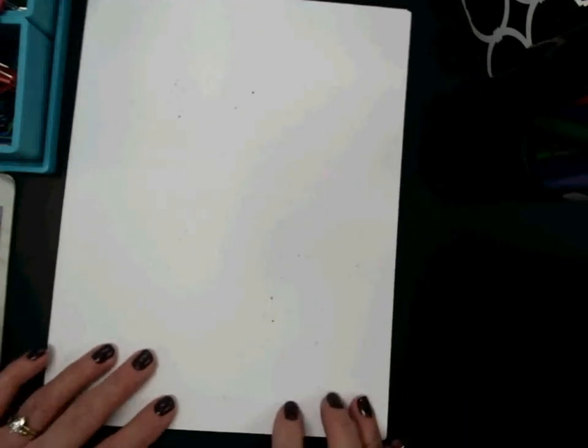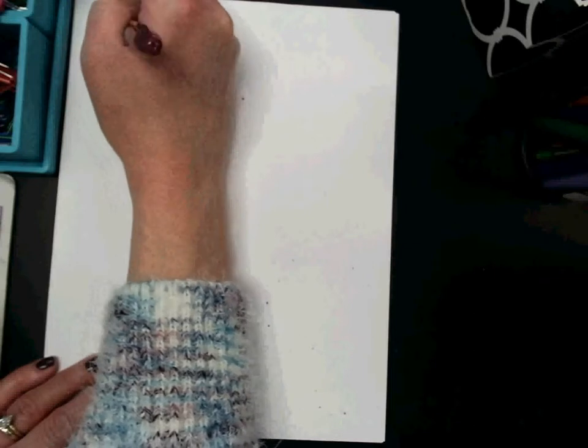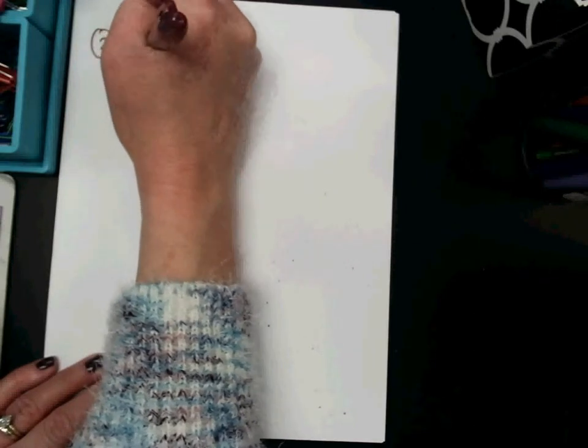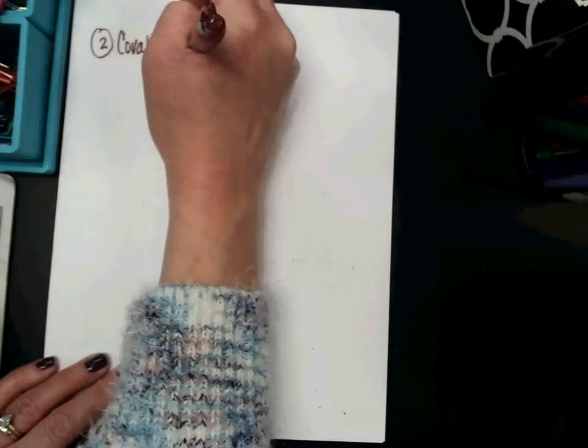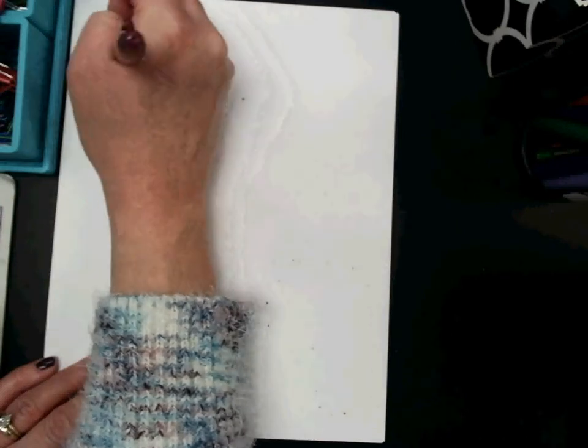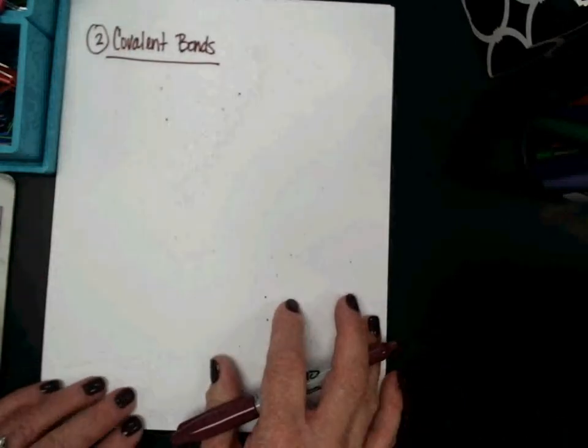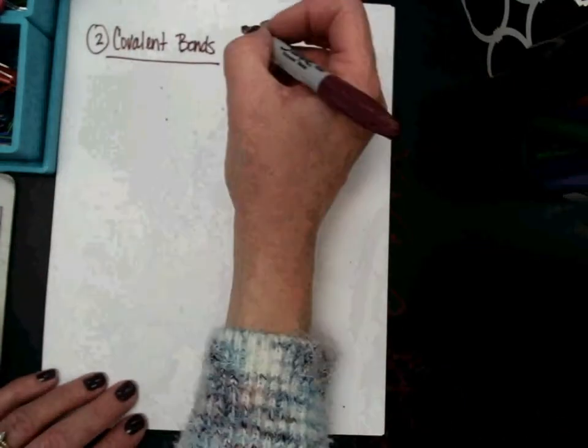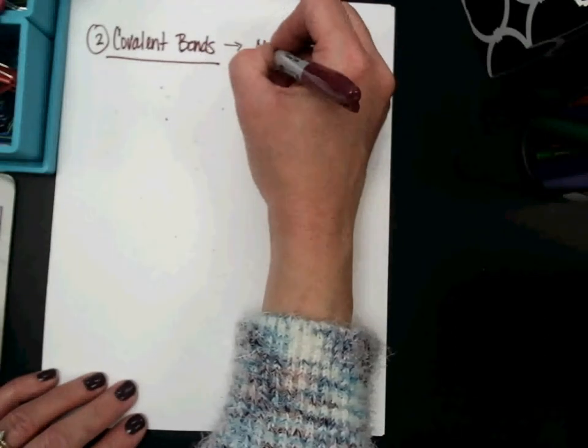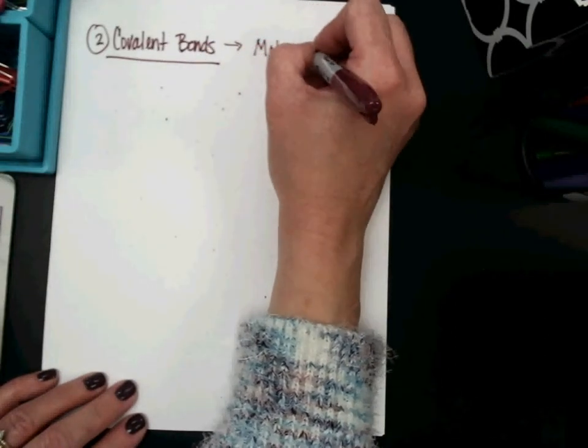The second type that I'm going to talk about, I think I'll take covalent next. Covalent bonds would be type number 2. So when I'm talking about covalent bonds, I'm talking about molecules forming.